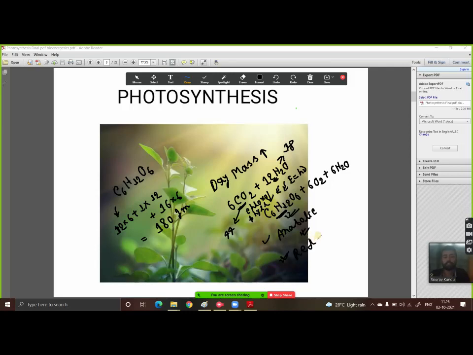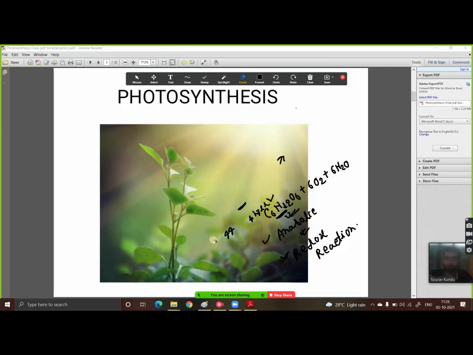Okay, now it is a redox reaction. What is a redox reaction? It is a type of reaction in which oxidation and reduction take place simultaneously. We will discuss the redox reaction in detail now.